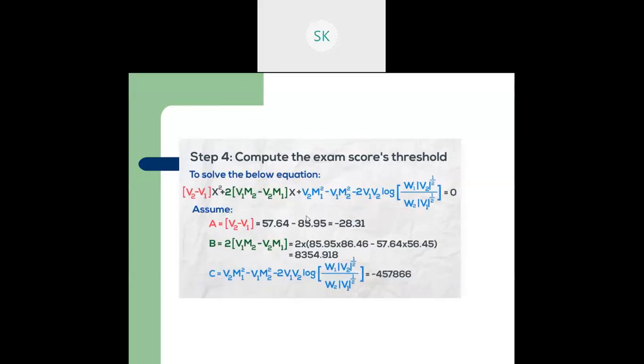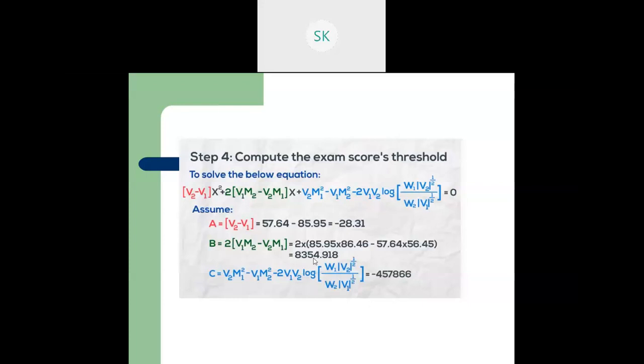Compute the exam score threshold by solving the below equation. So assume first, that is the red part, v2 minus v1. These are our variances taken from the previous results. So that comes to minus 28.31. Next is variance into mean for m2 and m1.